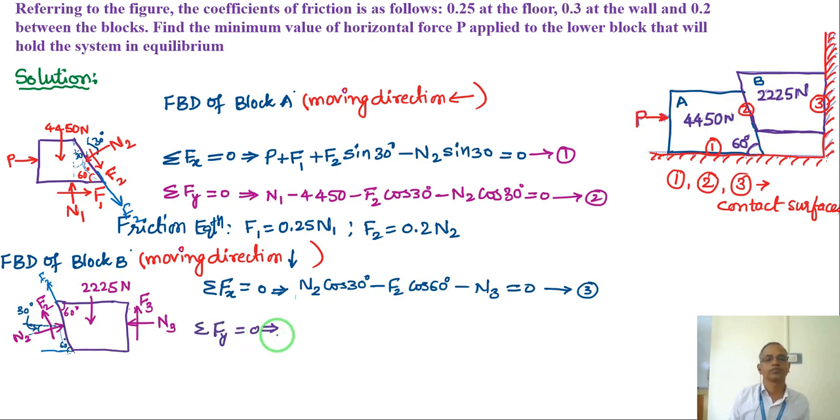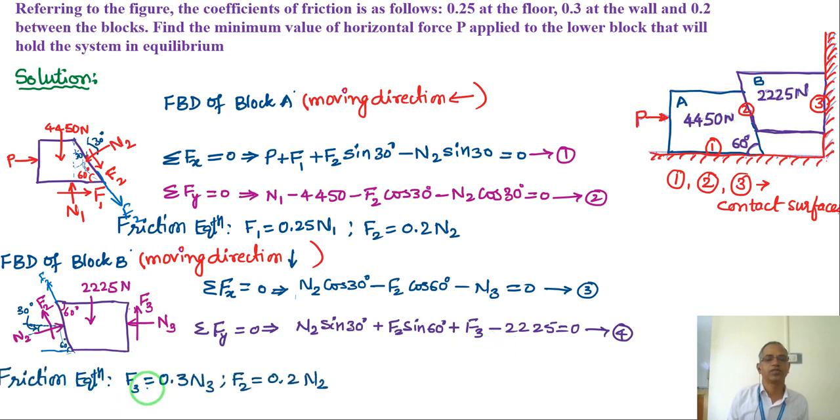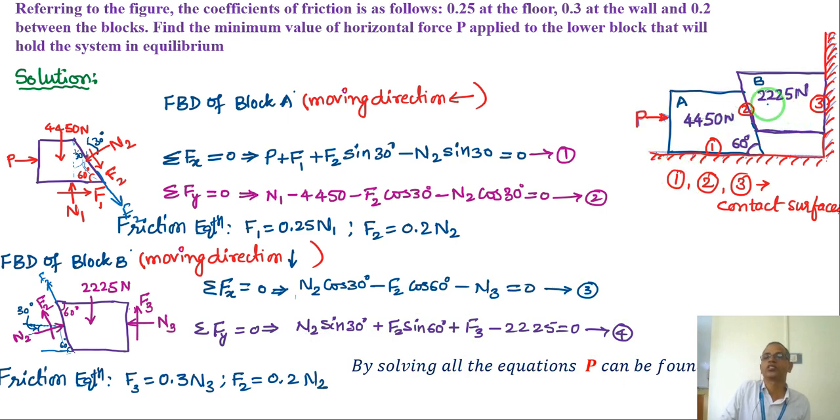Similarly in the y direction, F3 is there, the weight of 2225 downward is there, then F2 sin 60 upward, and N2 sin 30 upward positive, right? Then the friction equations: F3 equals 0.3 N3, F2 equals 0.2 N2. Solving these 4 equations with 4 unknowns, I will get the force P to hold the system in equilibrium.